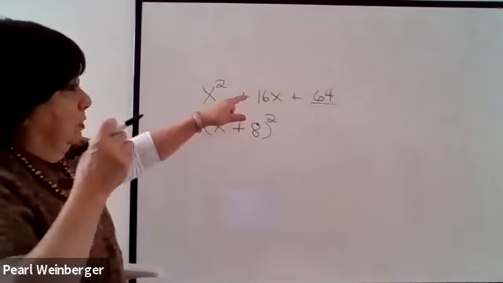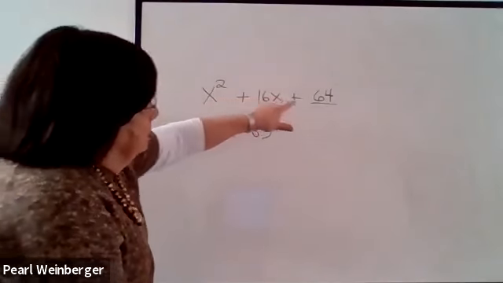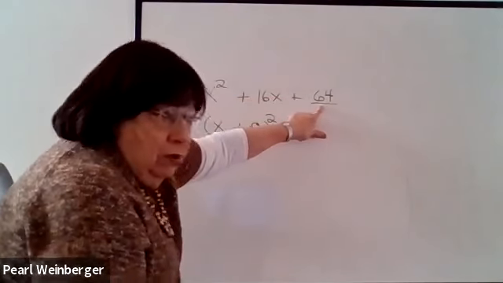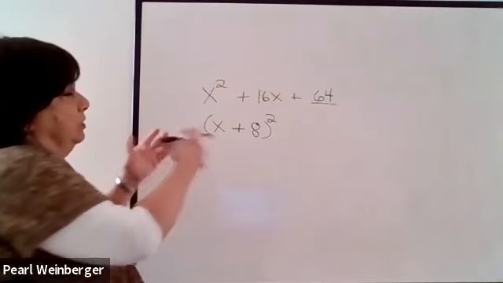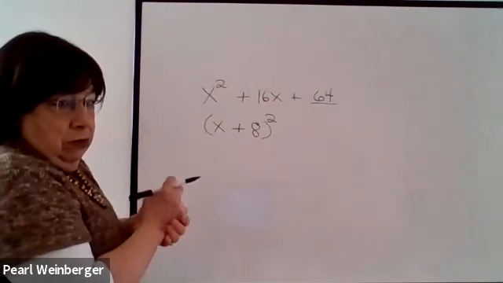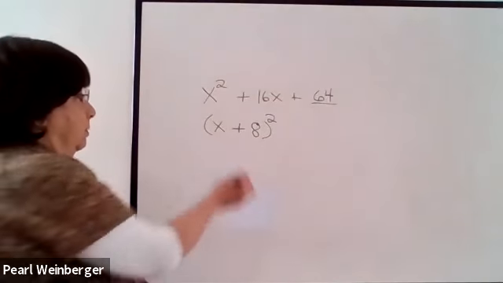And this is what's called completing the square, because I was missing a number and I filled it in. I completed it to make this into a binomial expression squared.